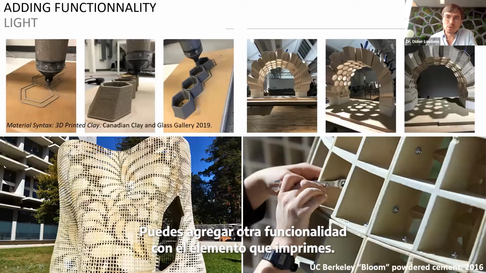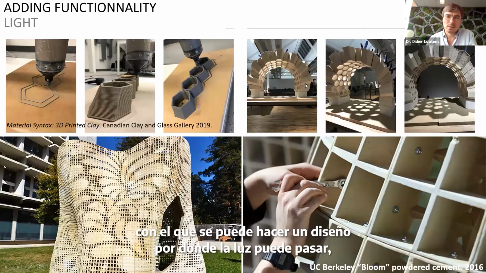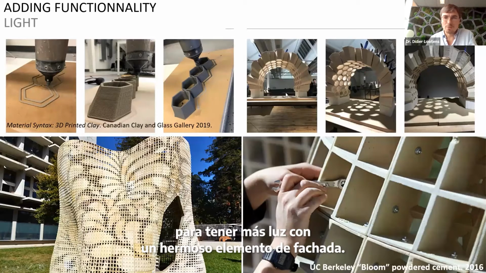You can add another functionality with the element that you print. You can add light. That means that you can make a porous medium where you can control the design, and then the light is able to go through, so you have more light with a beautiful facade element.